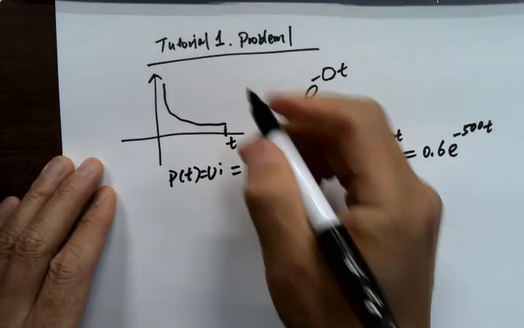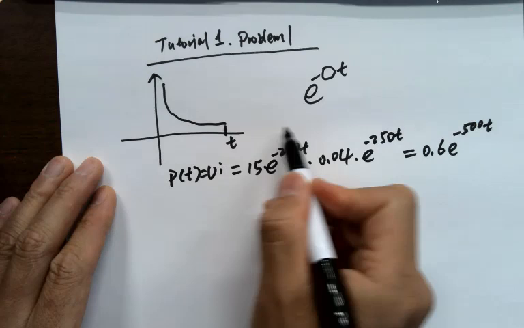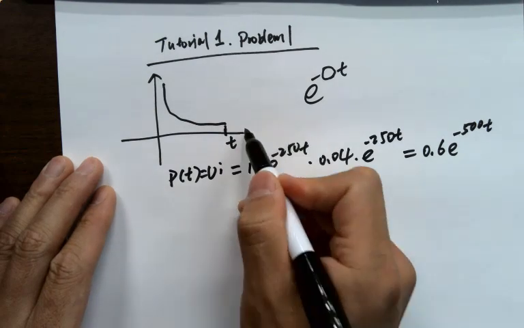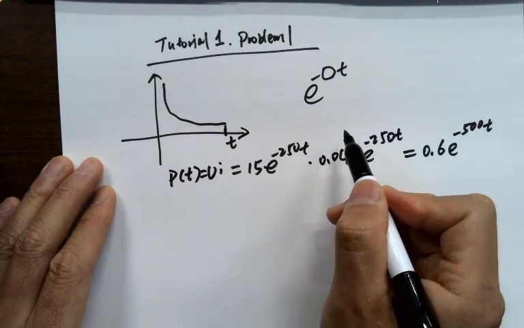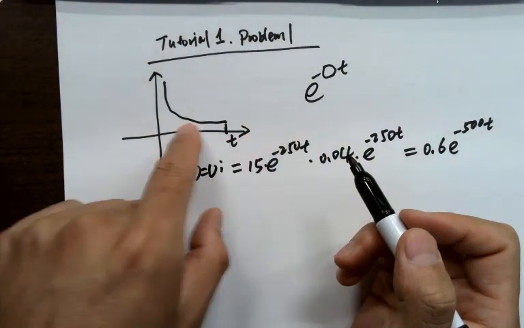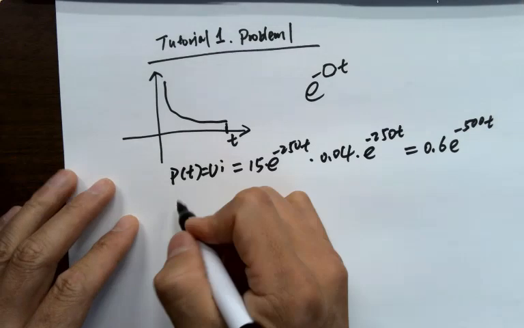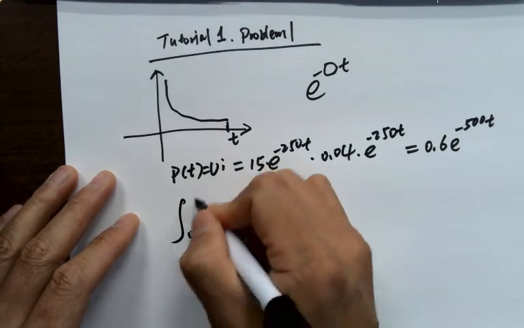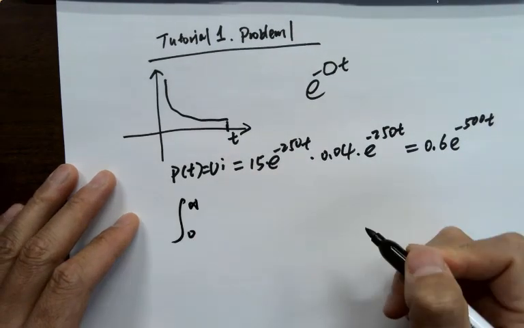Now integrate it, because it's infinite. That's the nature of the function. However, since you know it's getting closer and closer to 0, you can be comfortable to integrate it from 0 to infinity, no problem, right?